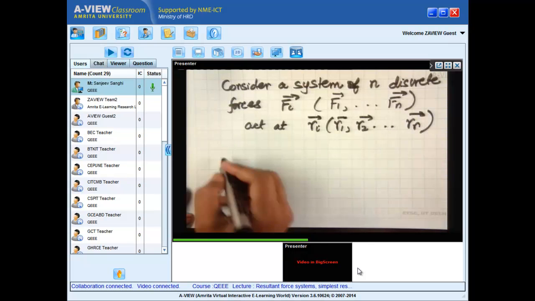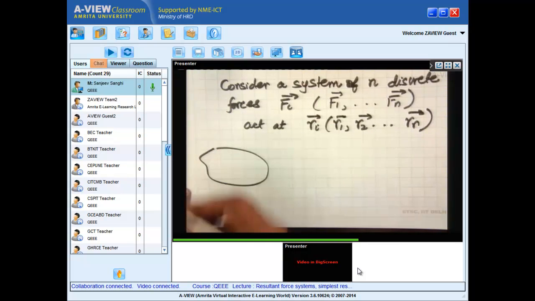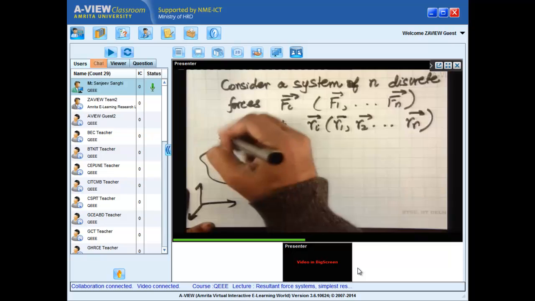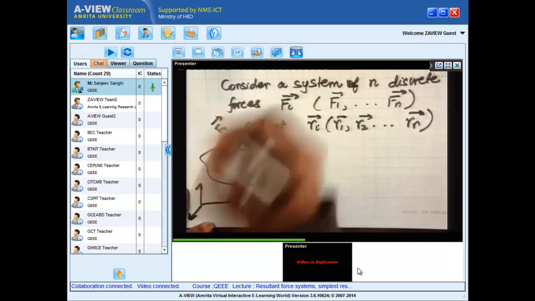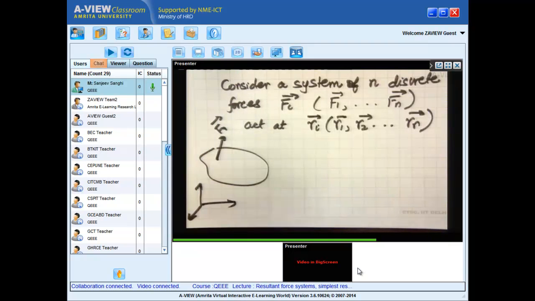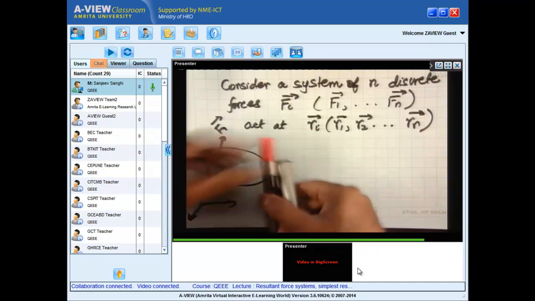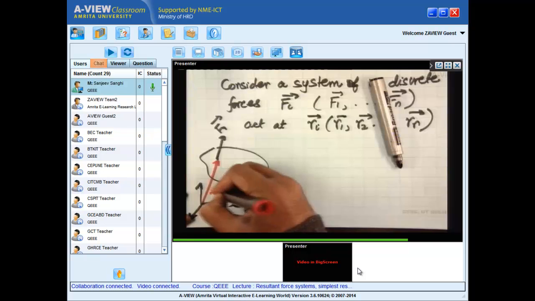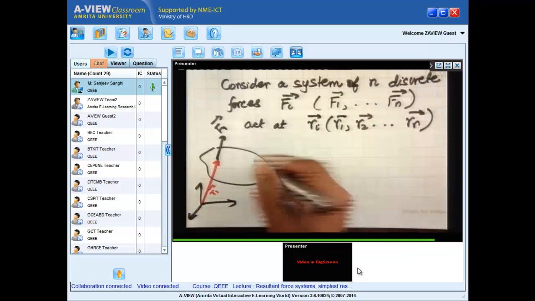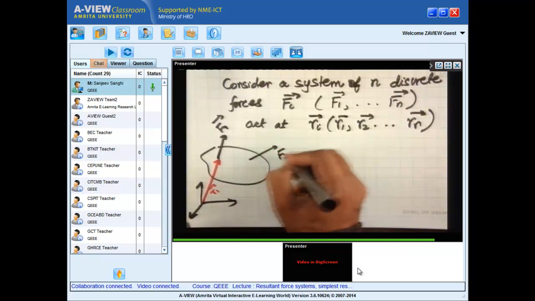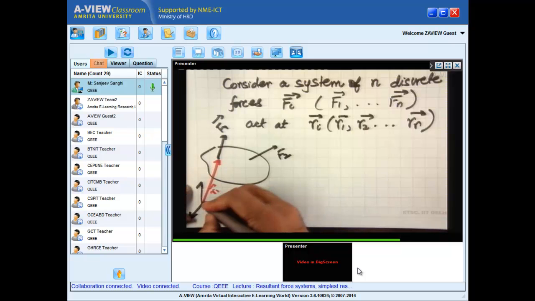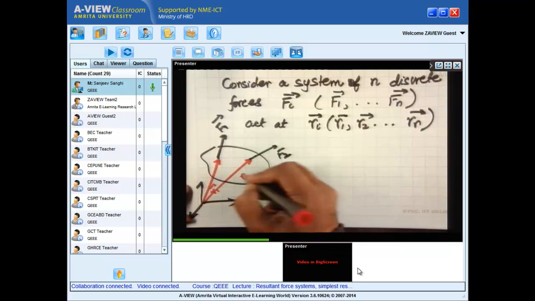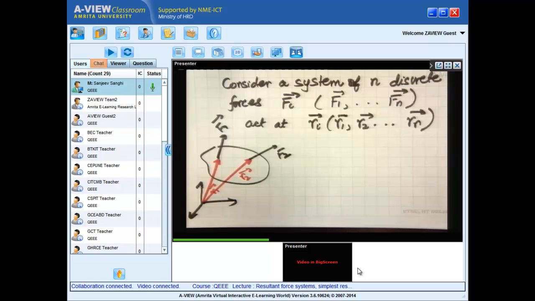That means, I'll just show this on a body, that there is some position vector here. We have a force F1, and this is acting, I'll use another color to illustrate my point. This force F1 acts at a vector R1. There's a force F2. This acts at a vector R2, and so on.